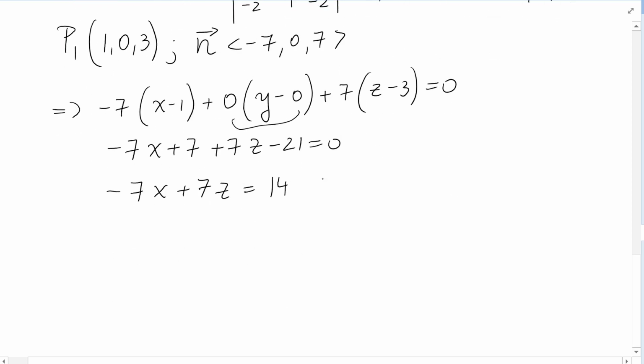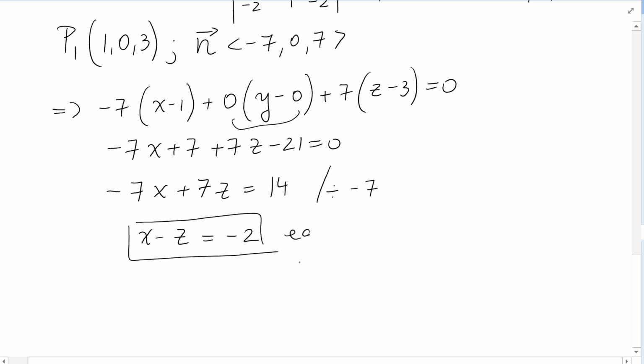We can divide everything by negative 7 and we get x minus z equals negative 2, and this would be the equation of the plane.